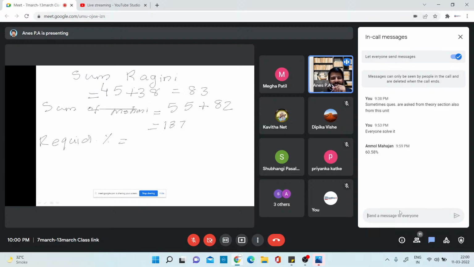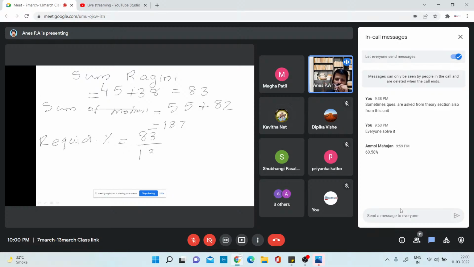So what's the base here? That is, which figure is the numerator, which figure is the denominator? So 83 is the numerator and 150 is the denominator. Yes, for Ragini. That's the right answer.